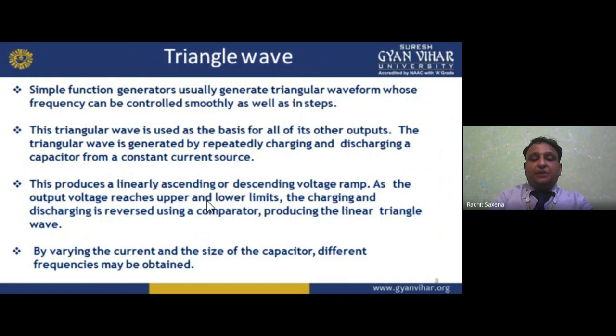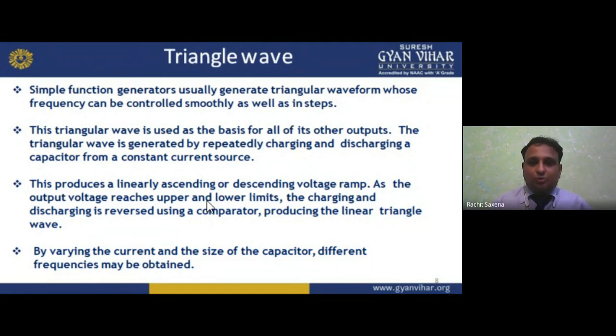The triangular wave is generated by repeatedly charging and discharging a capacitor from a constant current source. So it generates a triangular waveform whose frequency can be controlled smoothly or in steps, and this wave is used as the basis for all its other outputs.